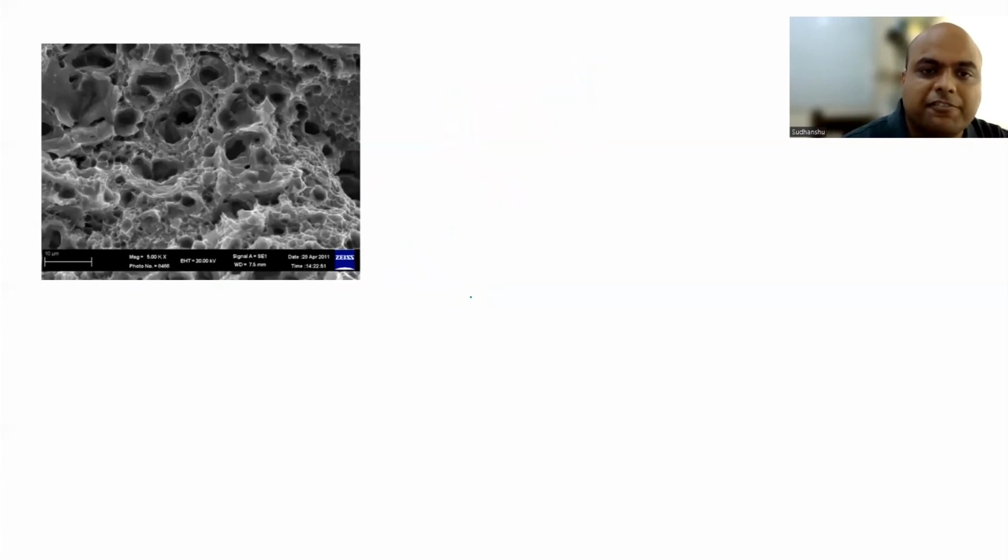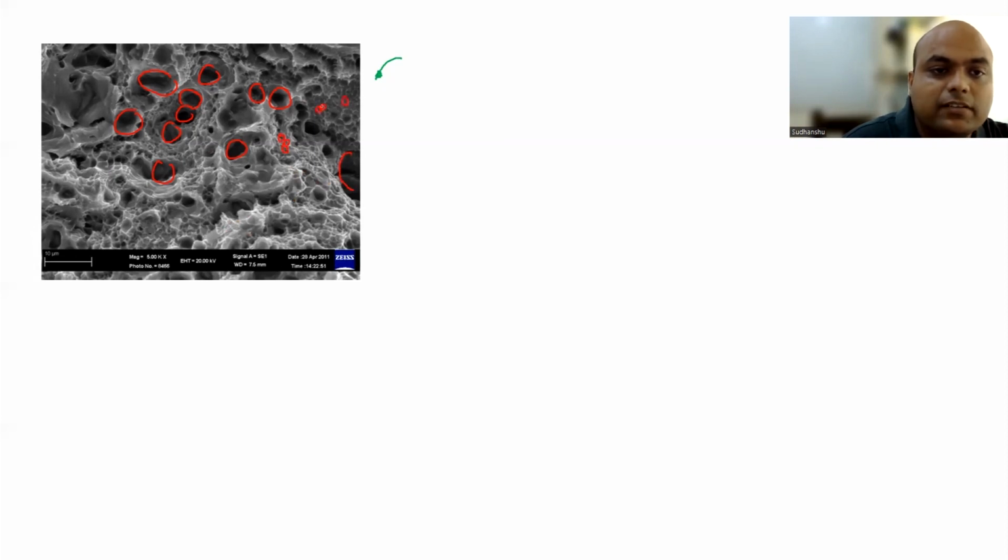Okay, so this is a fracture surface, one side, of some alloy, and what you see here, all these are your dimples, right? You will see the same thing on the other side of the sample. So these are large dimples. Now you see smaller dimples also.